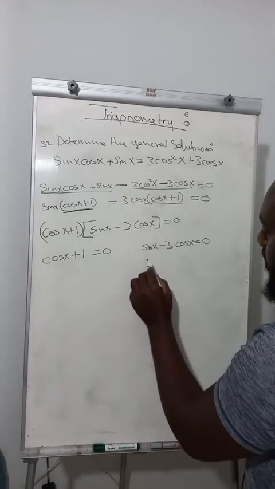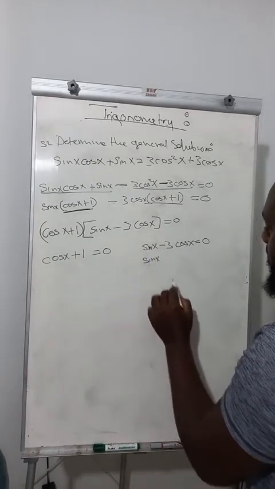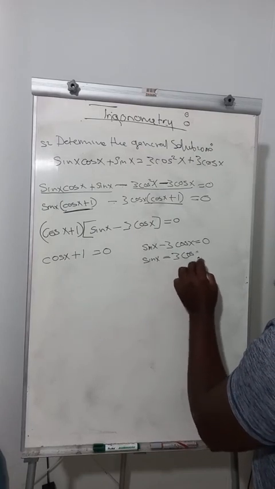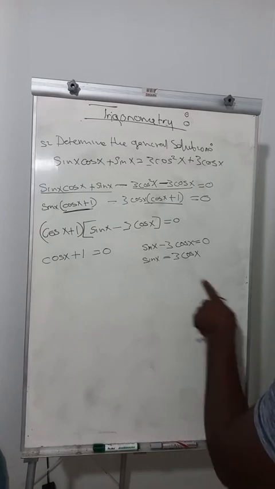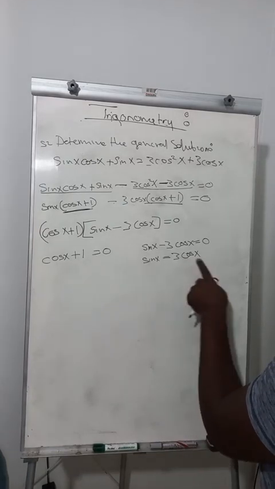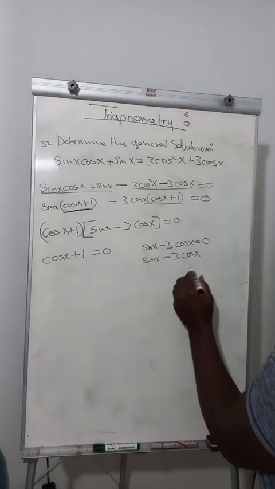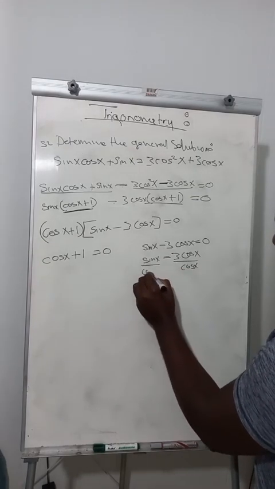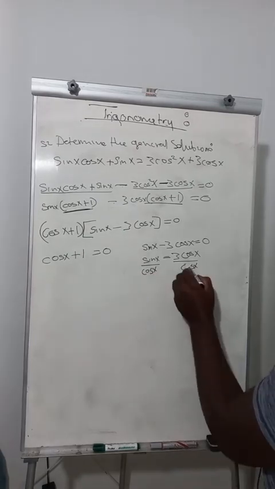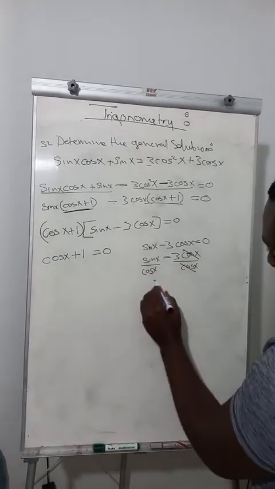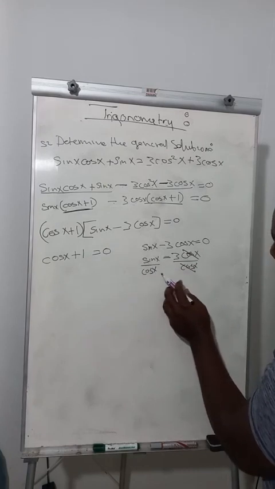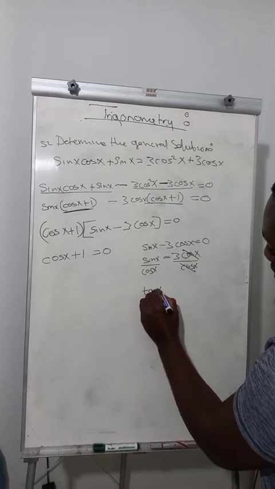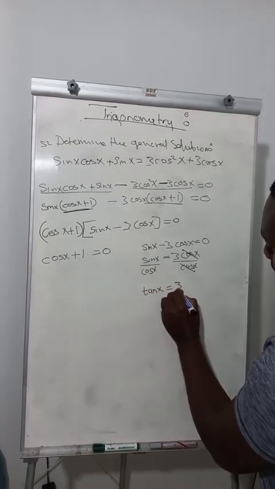Now you can say sine x is equal to 3 cos x. Divide both sides by cos x; this and this cancel. Sine x divided by cos x gives me tan x, which is equal to 3.